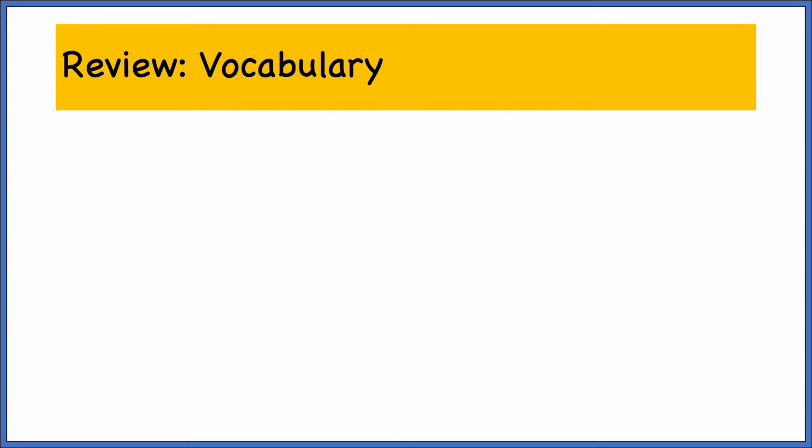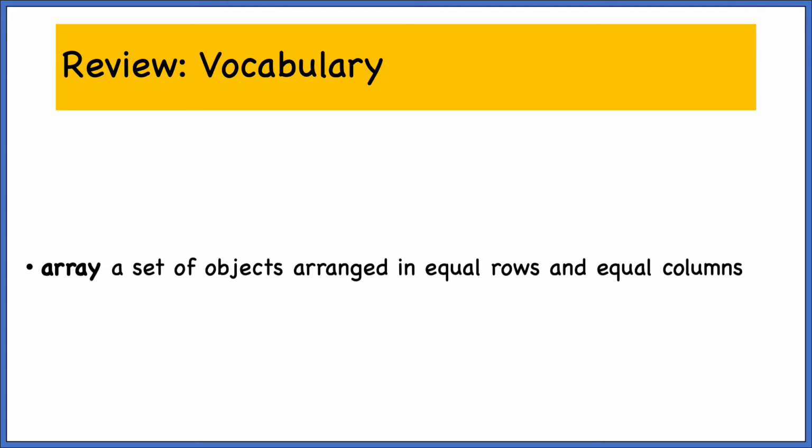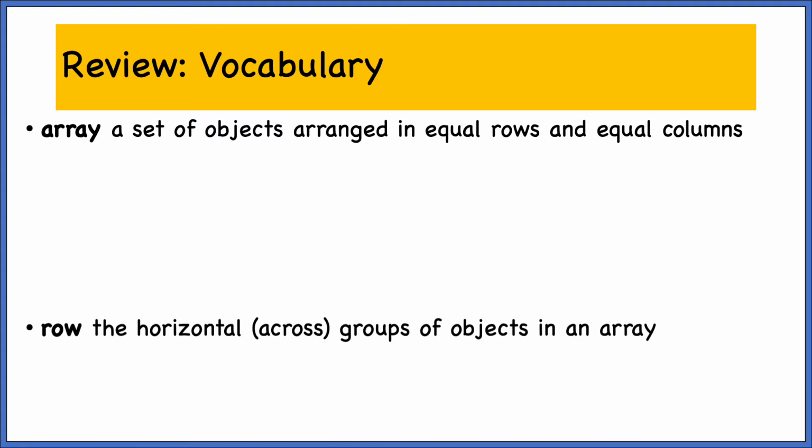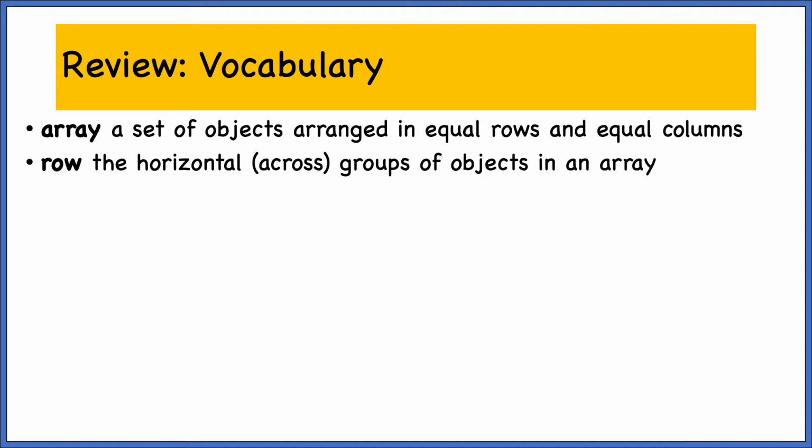Our vocabulary this week is all review, so these are terms you've seen before. The first term is array, a set of objects arranged in equal rows and equal columns. Row, moving across left to right, the horizontal groups of objects in an array.